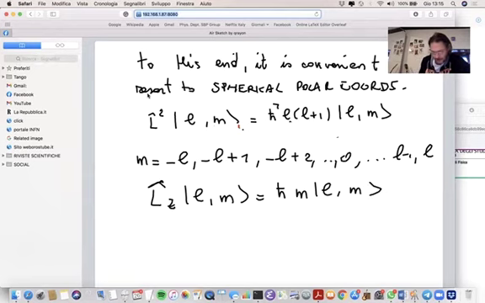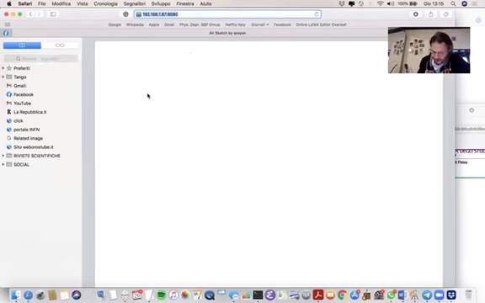Okay, so maybe it's convenient to think about this in the following terms. You have a maximum value. It's almost like you have a vector of length L and you can look at its Z component in a quantized way.